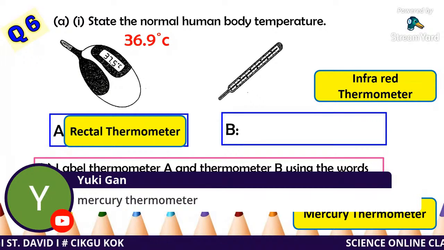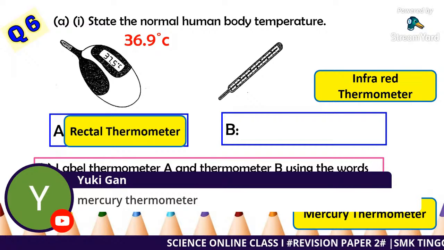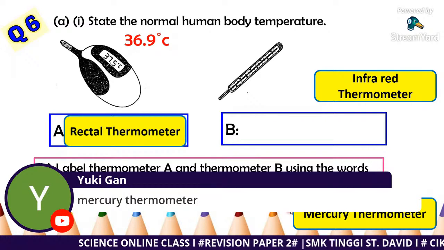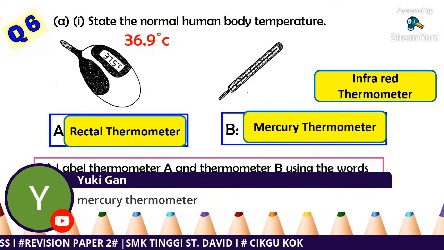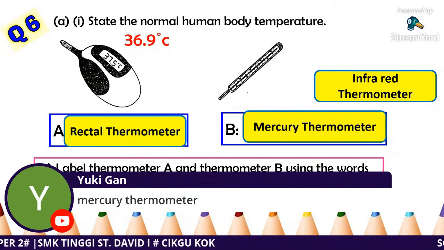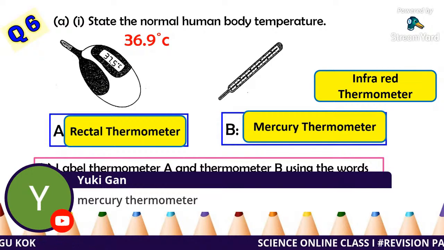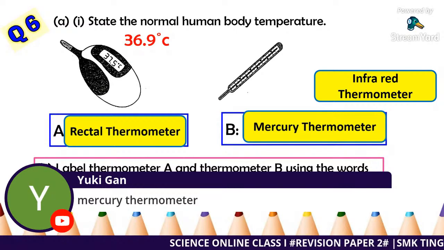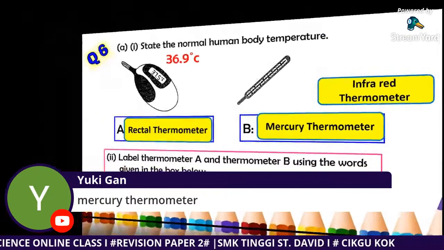They gave me the answer: mercury thermometer. So from here the second one should be mercury thermometer. This mercury thermometer we use at the clinic. At the clinic they want to measure your body temperature. Okay, then we go to the next question.